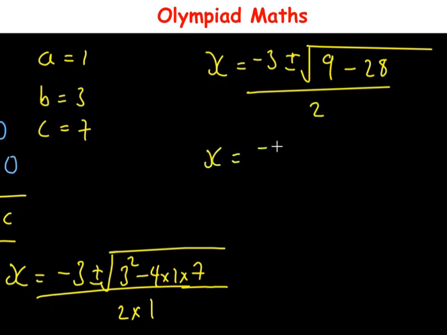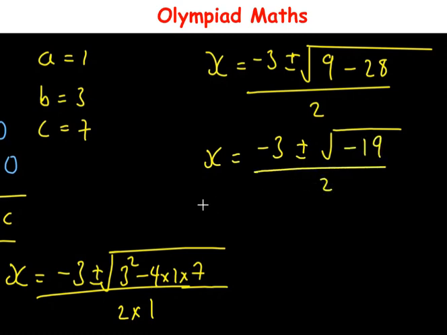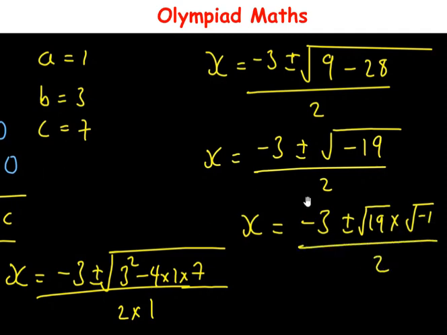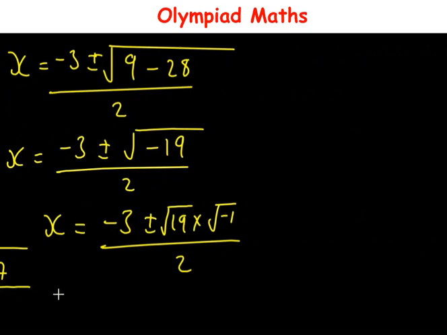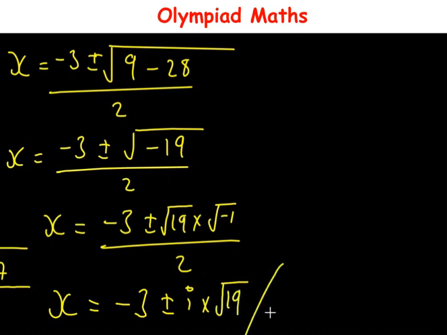So x is equal to minus 3 plus or minus square root of 9 minus 28. That will give us minus 19 all over 2. So from here, the value of x is equal to minus 3 plus or minus, this can be written as root 19 times root minus 1, all over 2, such that the solution for x is equal to minus 3 plus or minus root minus 1, which is i, times root 19 all over 2.